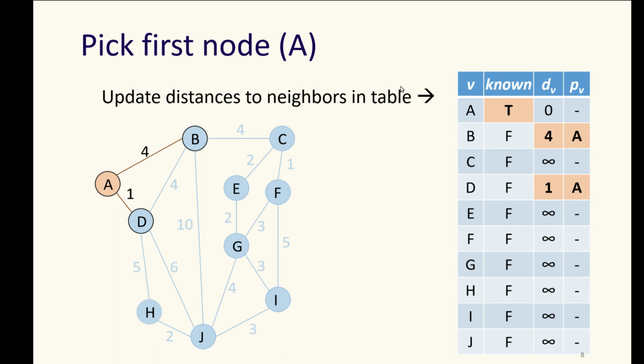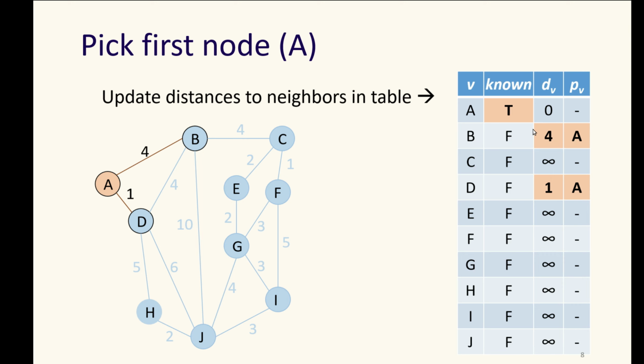So if we start at A, for example, somewhat arbitrarily, we look at A, we mark it true as known because to know it is to look at all of the edges out of that vertex A. We've looked at all those edges and we use them to update distances and parents in our table here.